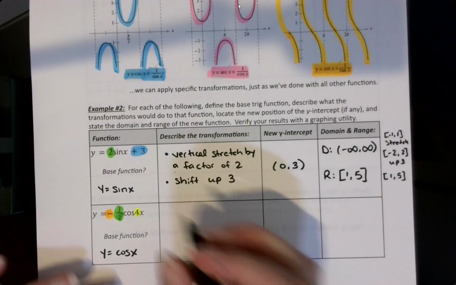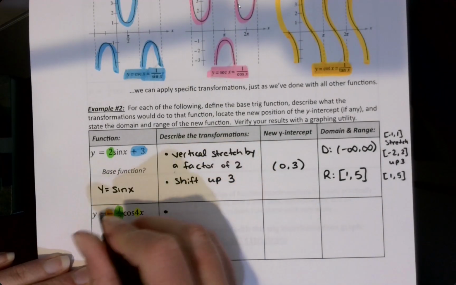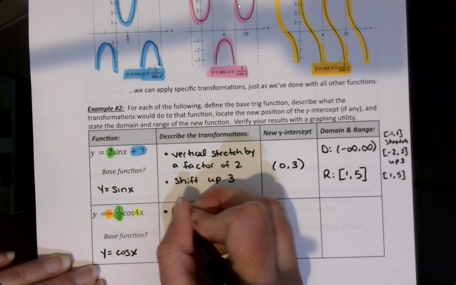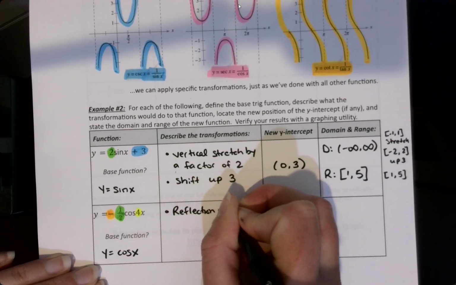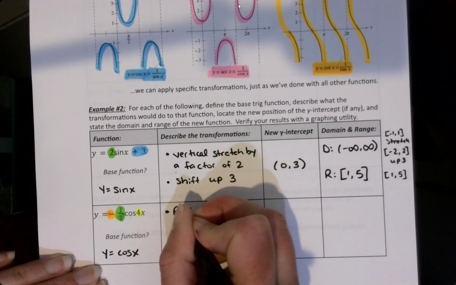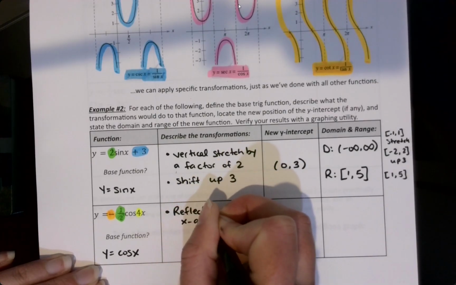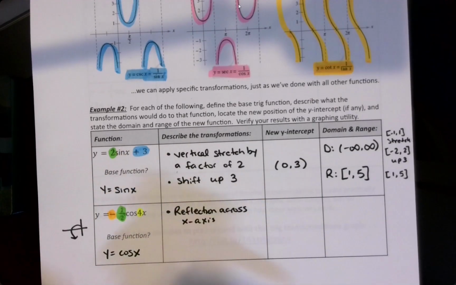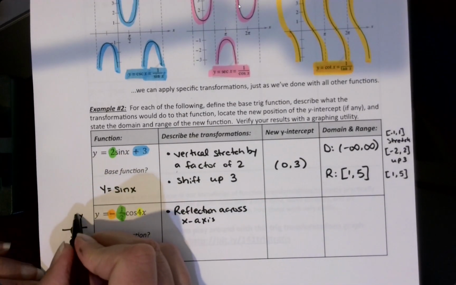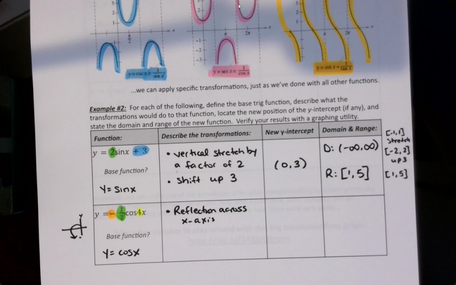The transformations on the outside, we've got that negative multiplier. That's going to be a reflection across the x-axis. It's outside, so it's a y shift. So we're reflecting across the x-axis to change y's from positives to negatives.